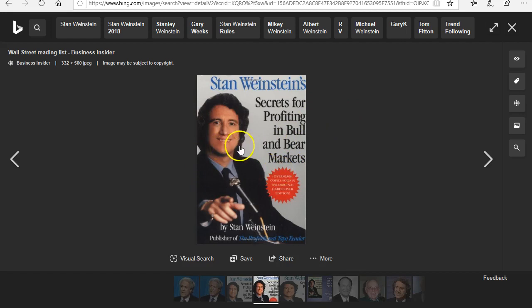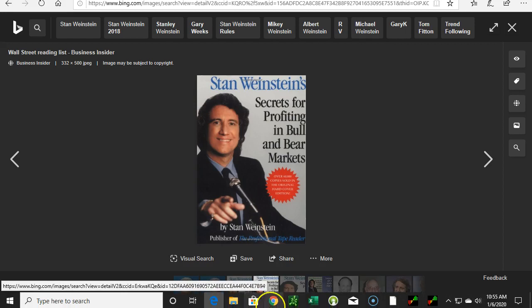The first 3 or 4 chapters are the most important, in which he digs into the fundamentals of chart reading. And he puts it in a way that a kid can understand it. So it's not that technical. It's a very easy read. So if you guys are interested in learning how to read charts, I would suggest getting this book.